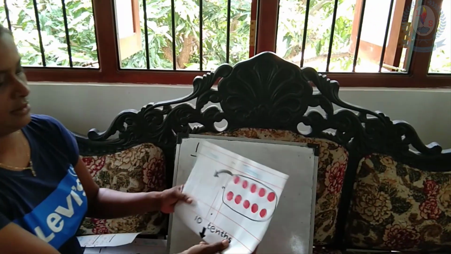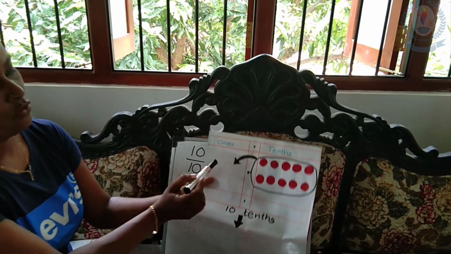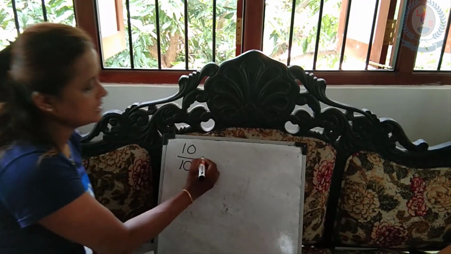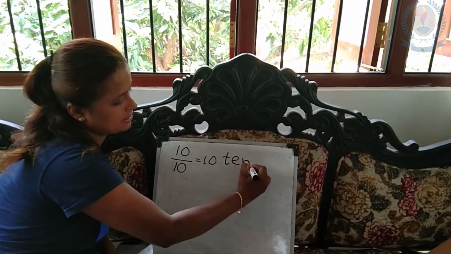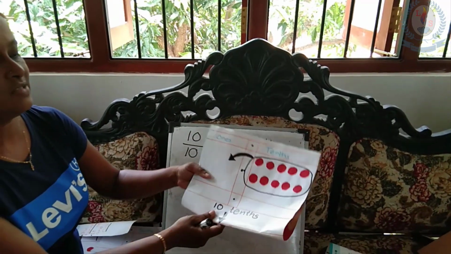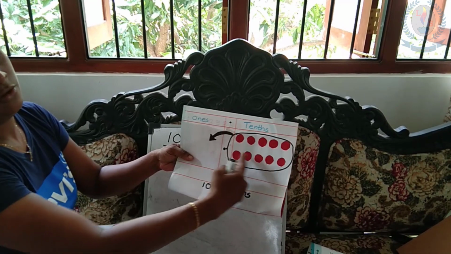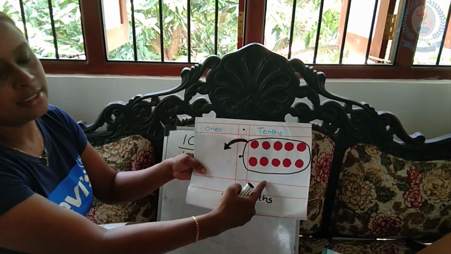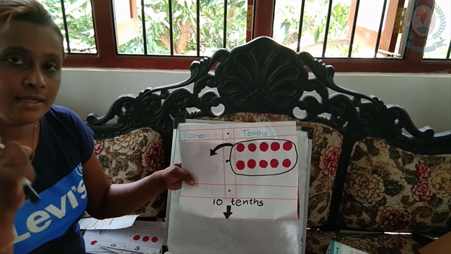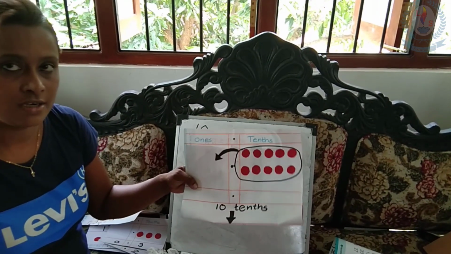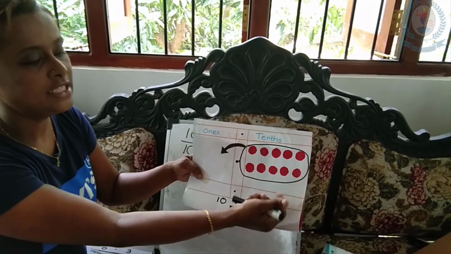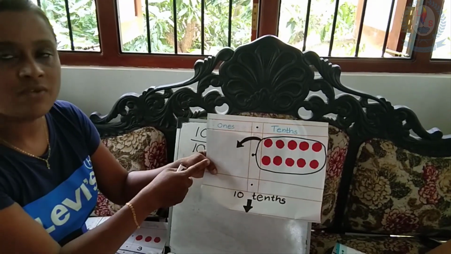Look at this. Ones, tenths. Here there are 10 tenths. We can write this as 10 tenths. In the place value chart, we can represent it. There are 10 tenths, and I think you can remember we have learned that there are 10 tenths in 1 one. So we cannot keep this in the tenths place. We will take it as 1 one to the ones side.